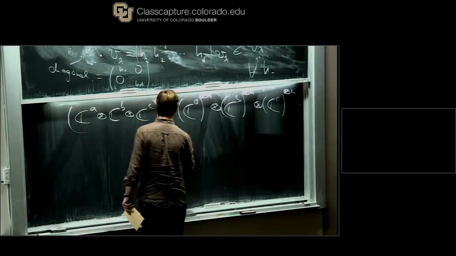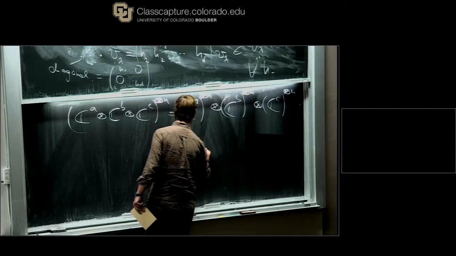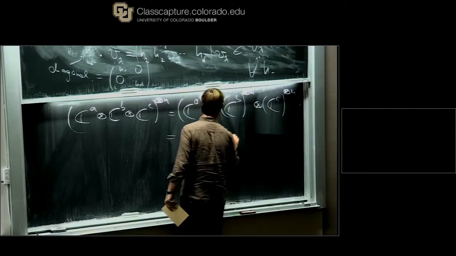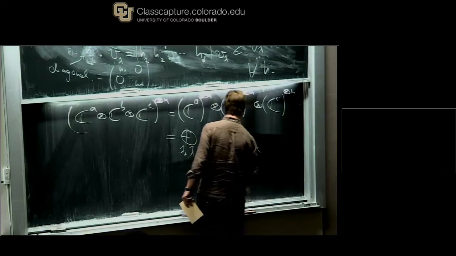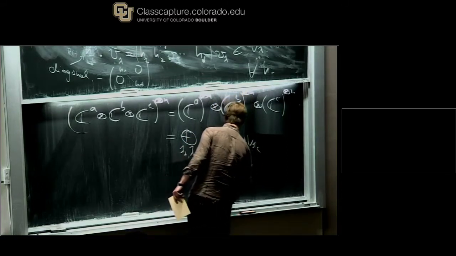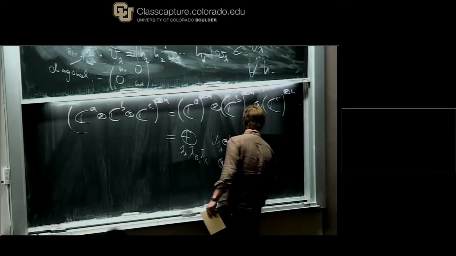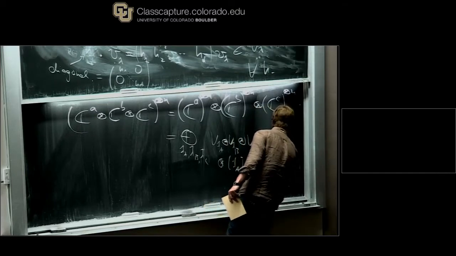This gives you a direct sum over λ_A, λ_B, λ_C of V_{λ_A}, V_{λ_B}, V_{λ_C}, and then tensor these multiplicity spaces, [λ_A] tensor [λ_B] tensor [λ_C].